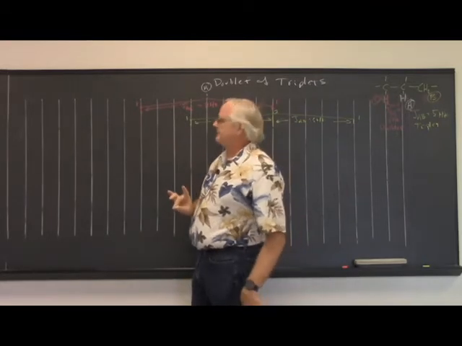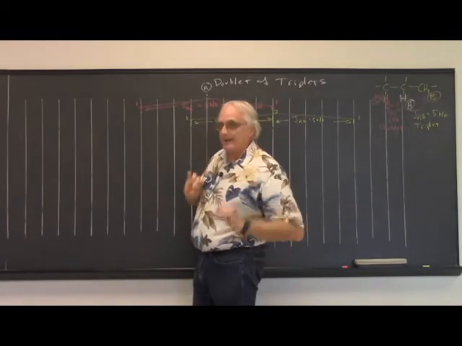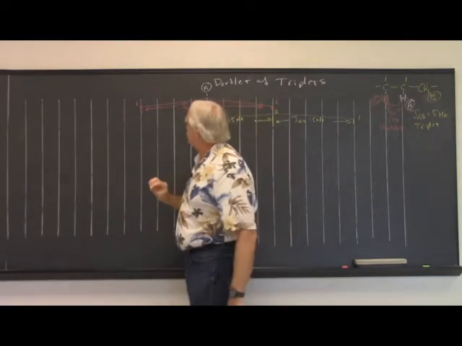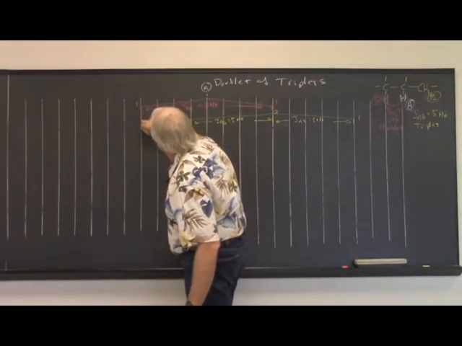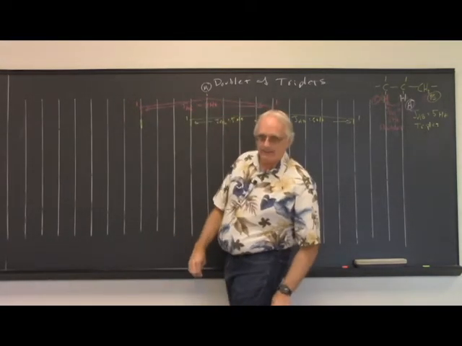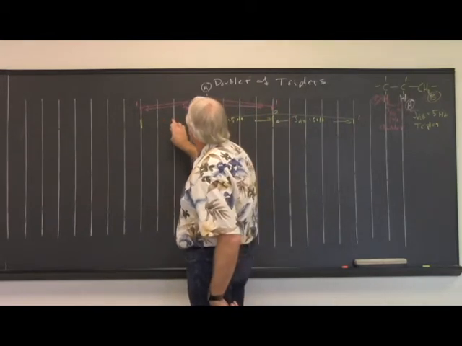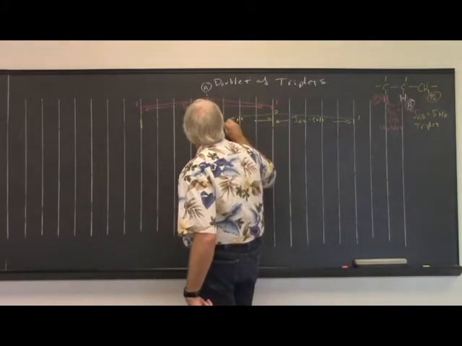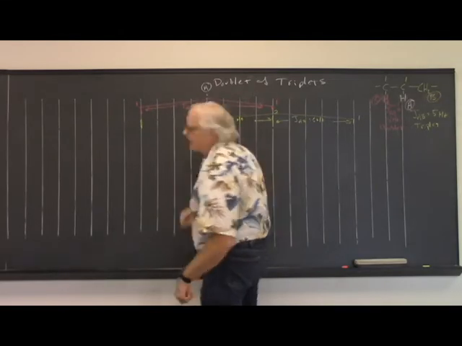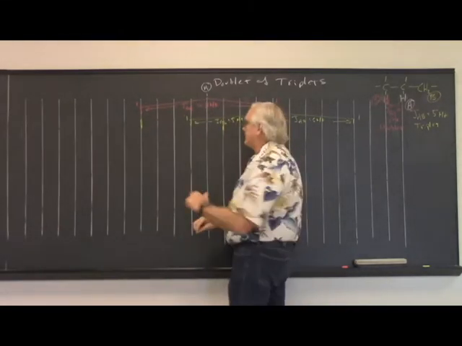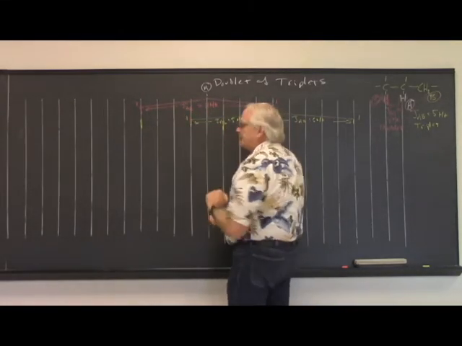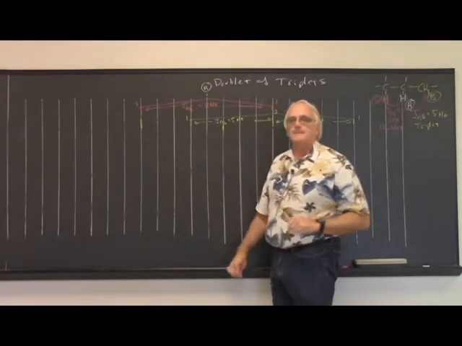5 Hertz triplet, odd-numbered multiplet. We mark the center position. And then we go 1, 2, 3, 4, 5, and mark here. Oh my gosh, what do I do about all this? Remember what I said earlier.